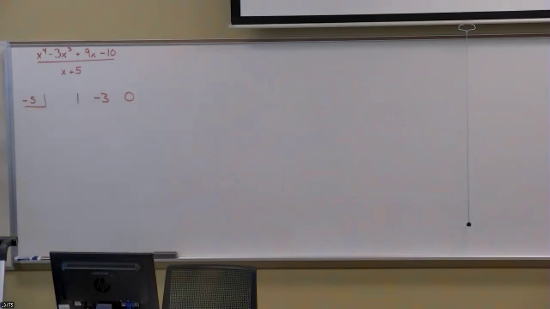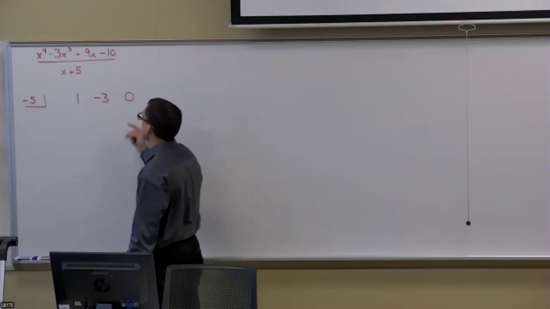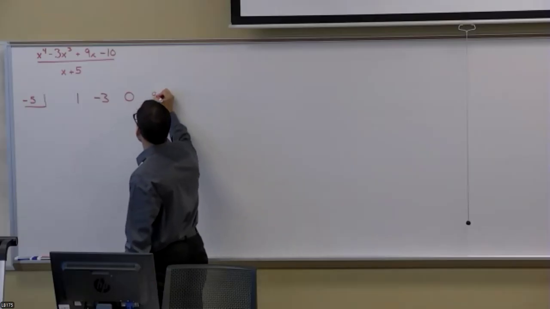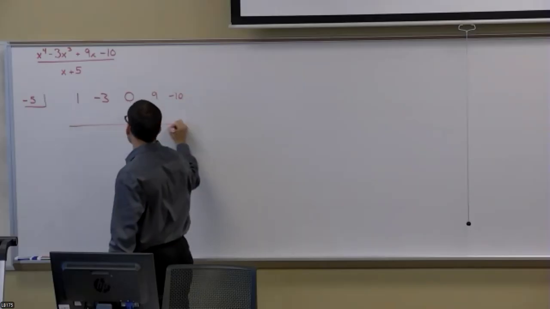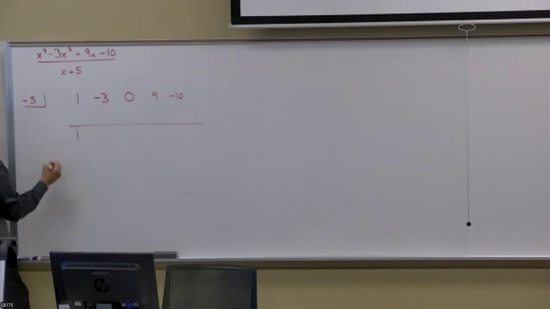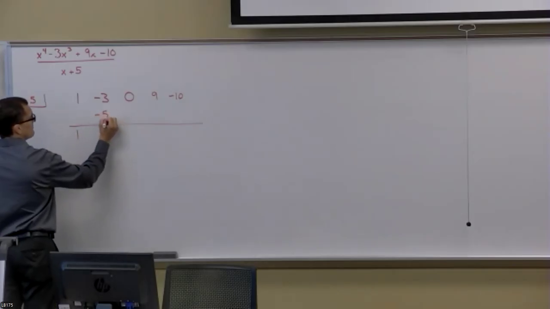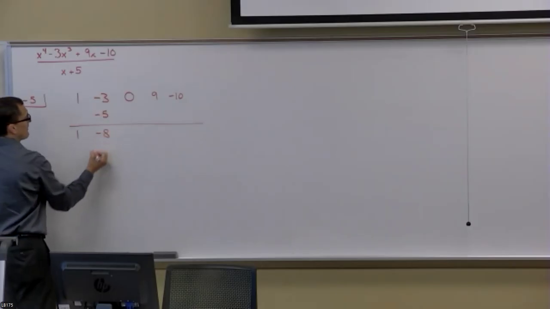Don't forget about that. Anytime we don't have a term, put a placeholder there. And then 9, and then negative 10. 1 drops down. Negative 5 times 1 is negative 5. These add up to give me negative 8.